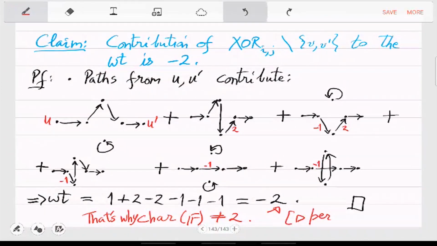So permanent and determinant are equal mod 2. Right, so we don't want to work mod 2. That's a small assumption that you need, that the field has to be 0 characteristic or odd characteristic.